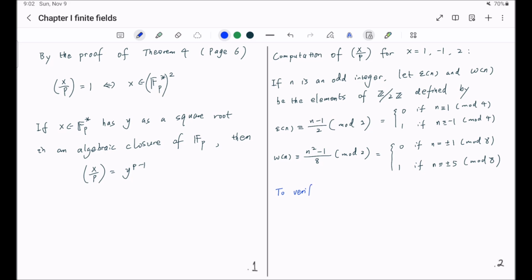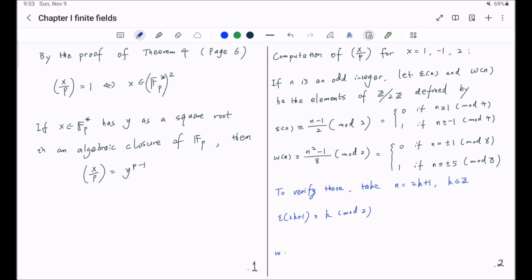To verify this, because n is assumed to be an odd number, we just take n equal to 2k plus 1, where k is an integer. And you can see that epsilon of n is really epsilon of 2k plus 1. And by definition, this is just k mod 2.